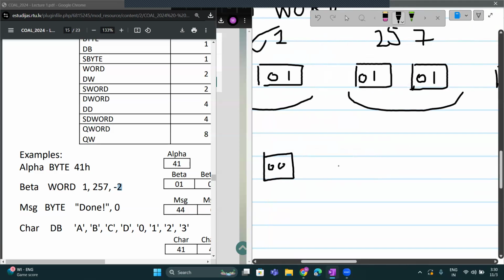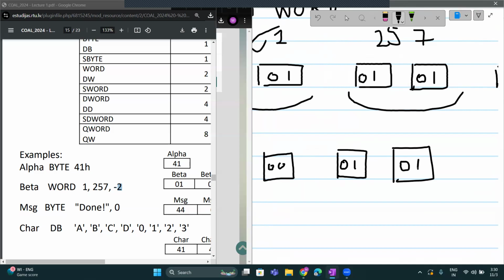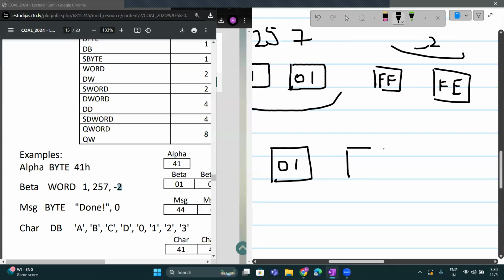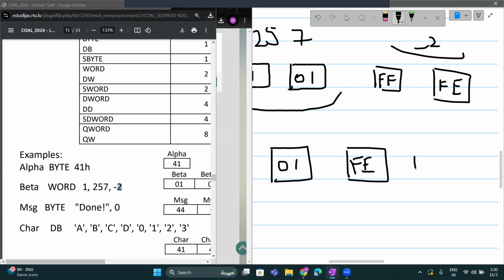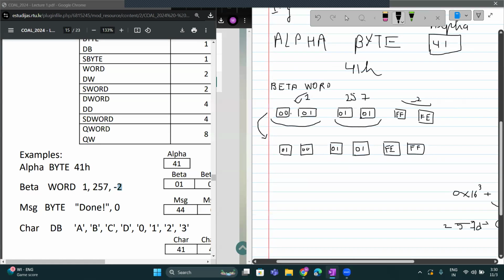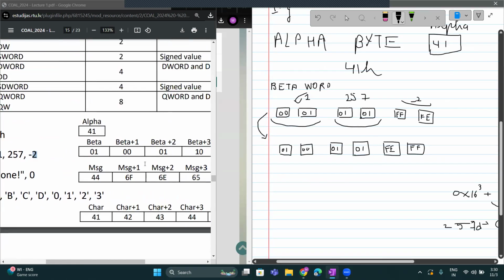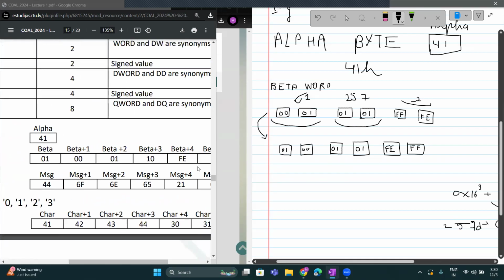And then we will swap this as well. 0, 1 and 0, 1. Then we will swap this as well. So FE and FF. This is how these numbers are represented in memory.